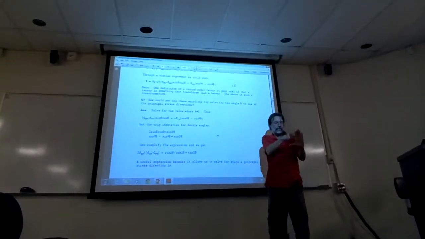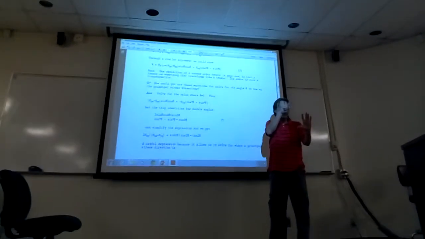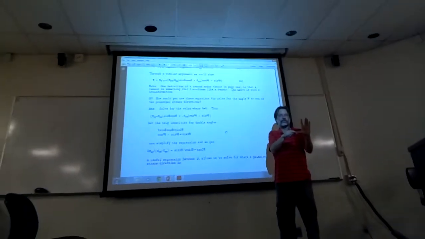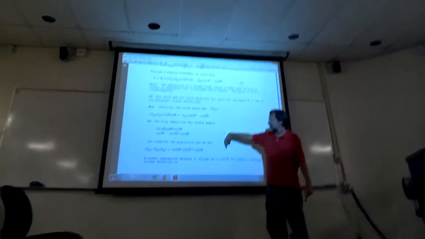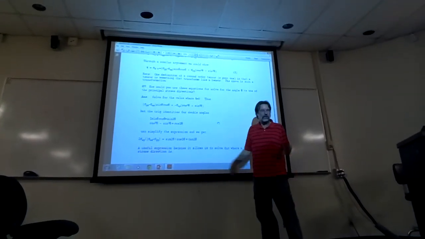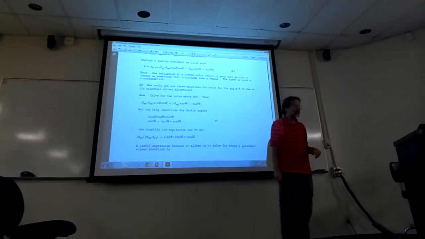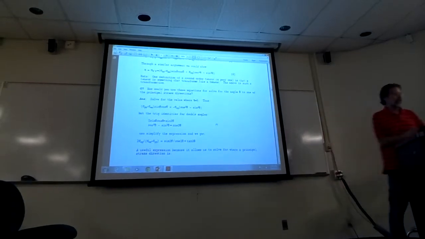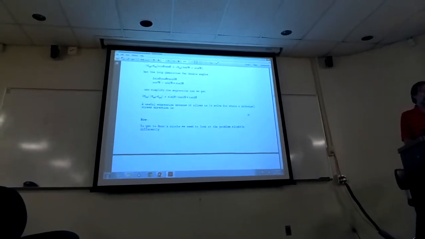So you have a pair of values of sigma and tau on these two different surfaces. You can also use that indirectly to determine the orientation of where the principal directions lie. Don't worry about that for the moment. The more important one lies here.